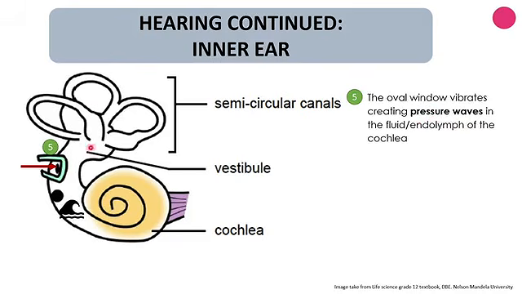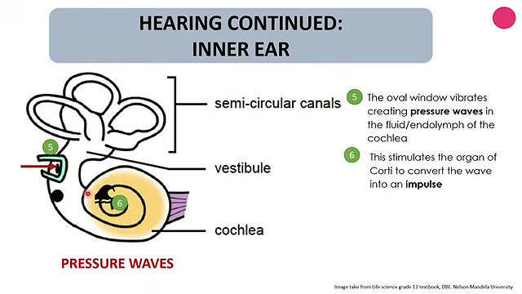And within this inner ear, there's a liquid, a fluid, where the pressure waves are created, and that will then stimulate the organ of Corti to convert the waves into an impulse.